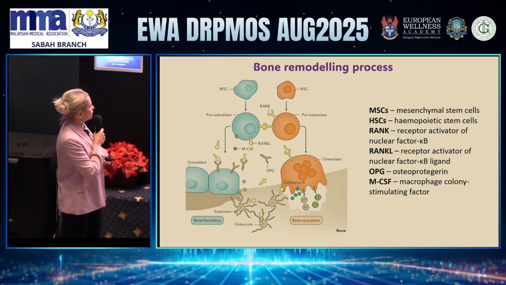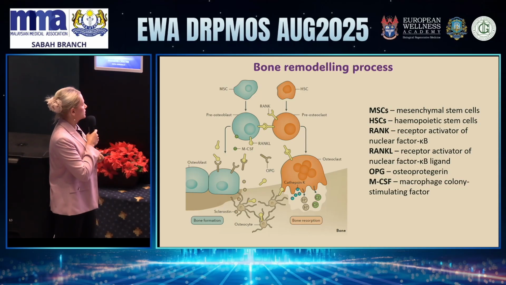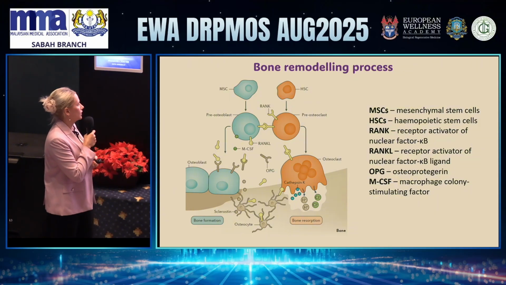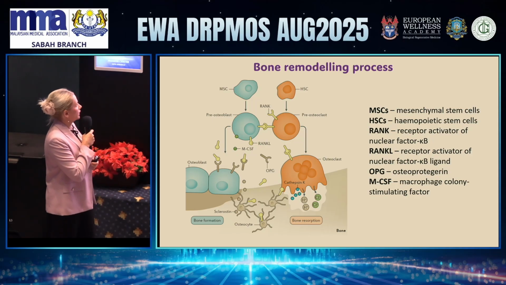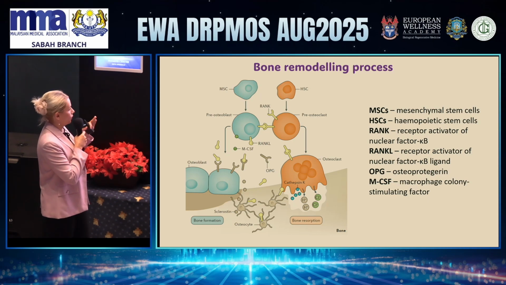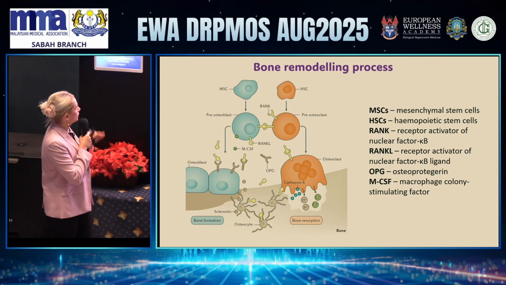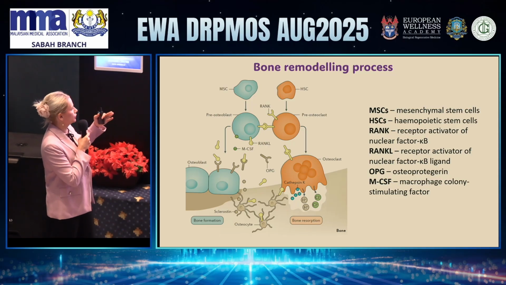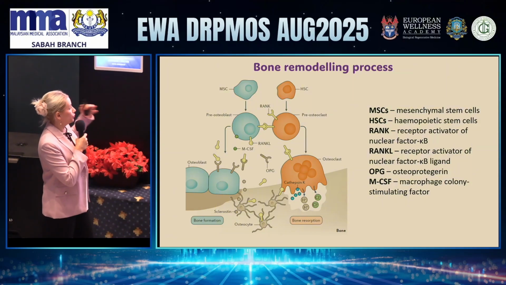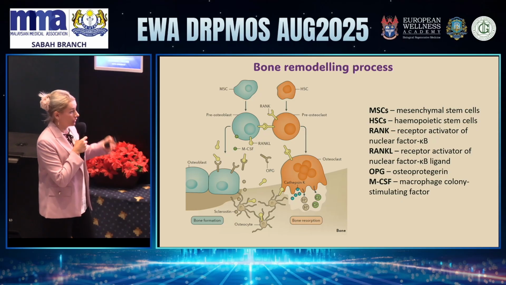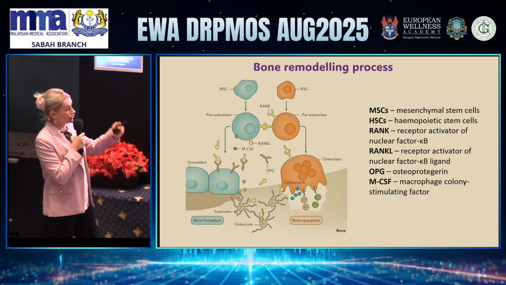Another mechanism is the receptor activator of nuclear factor kappa B, abbreviated RANK. This receptor is on the surface of the osteoclasts, and when its ligand, RANK ligand, binds to this receptor, it activates the promotion and differentiation of osteoclasts, promoting the bone resorption process.